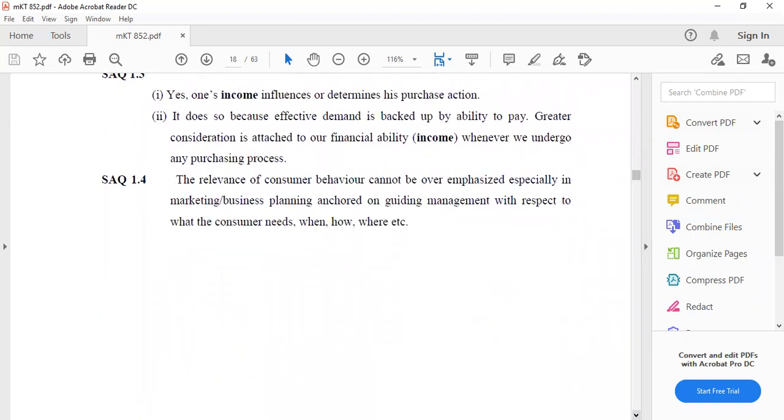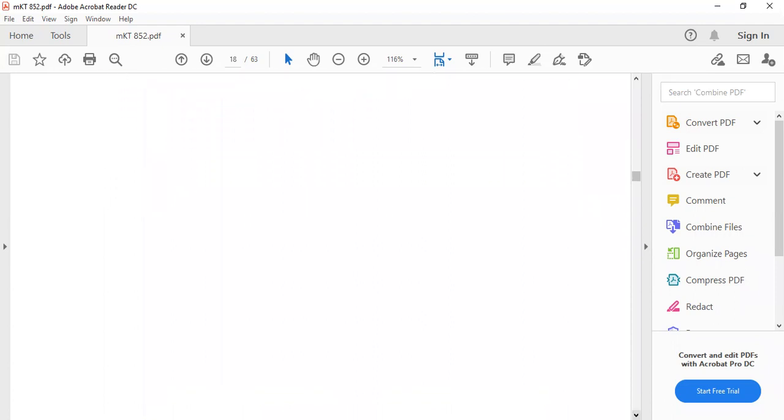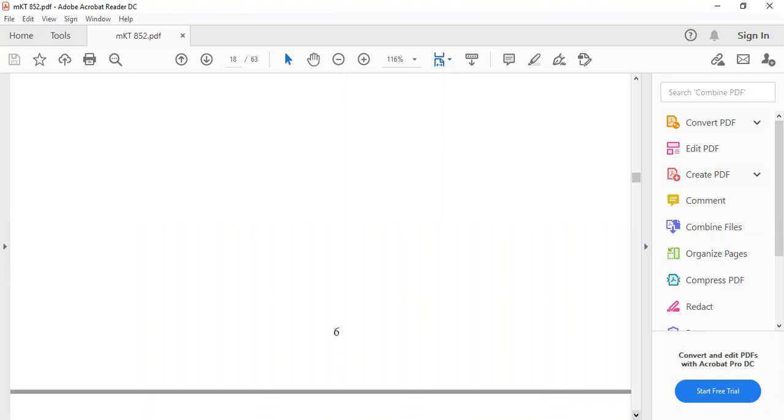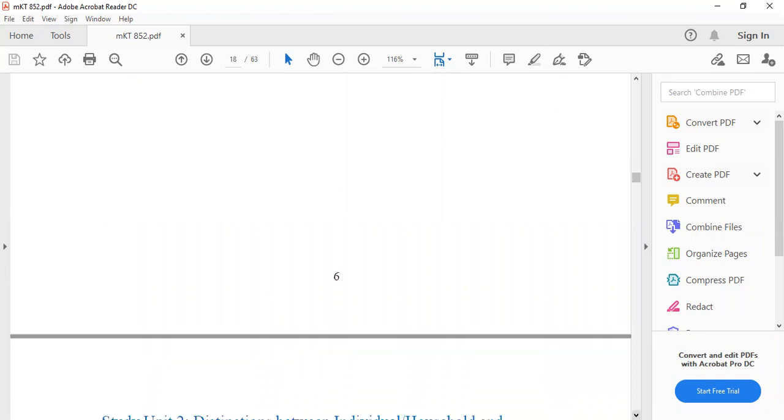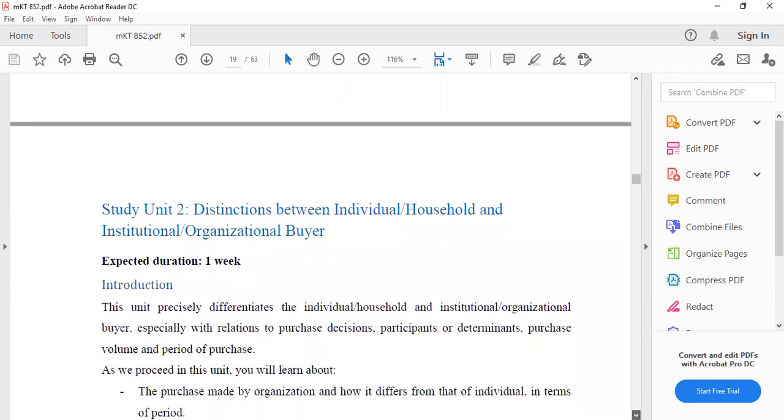However, there are some distinctions between the individual purchases and organizational purchases.